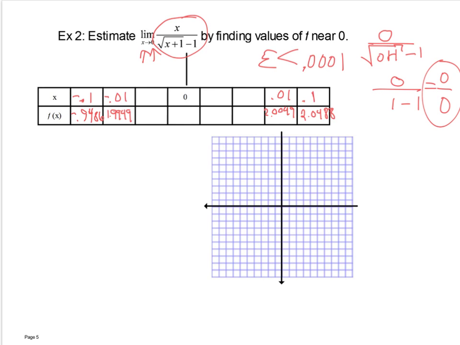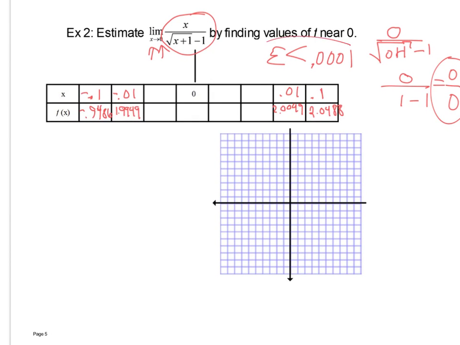So I'm pretty sure now that my limit is getting close to 2. Even though the function's not defined, I'm pretty close to 2. But like I said, I want my epsilon to be close within 4 decimal places accuracy. Right now, I think that my value of the function is 2.